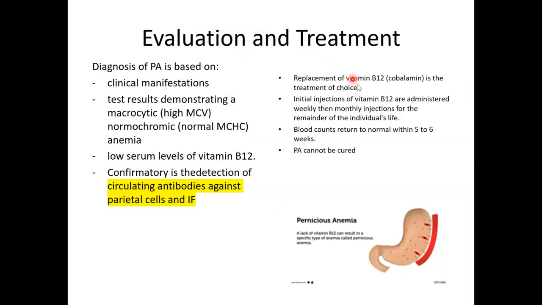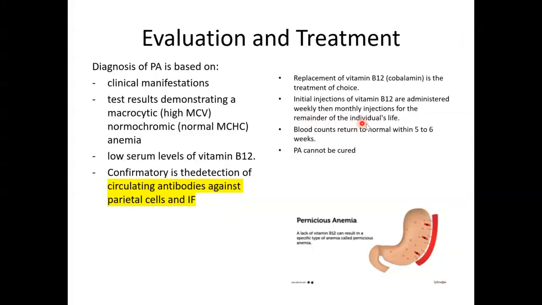Replacement of vitamin B12, which is cobalamin, is the treatment of choice. So we're just going to replace it, okay? Initial injections of B12 are administered weekly. They get them every week until the deficiency is corrected, and then they get monthly injections.